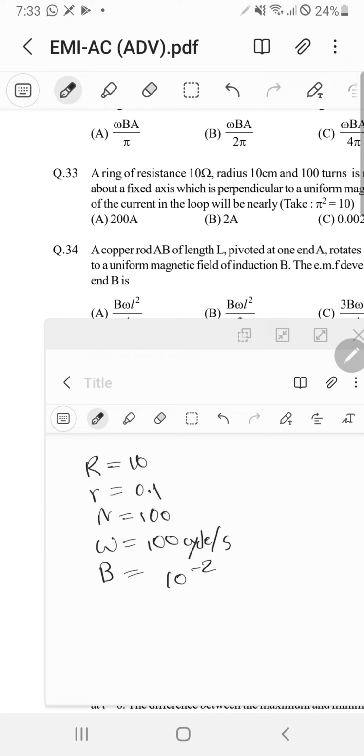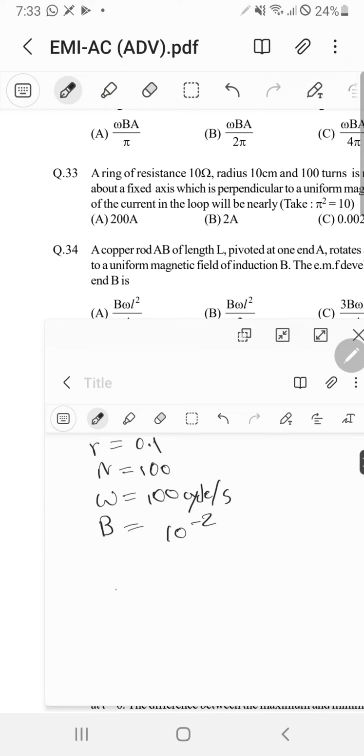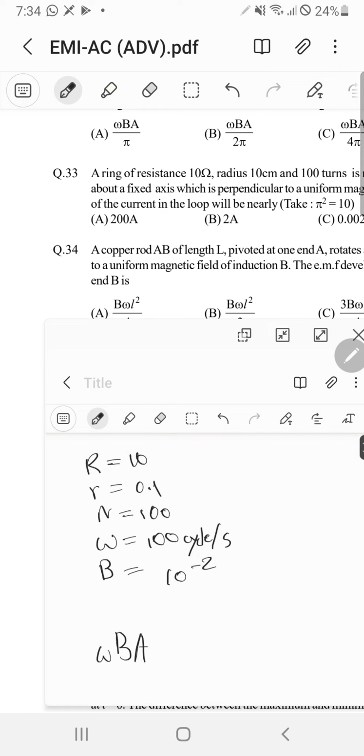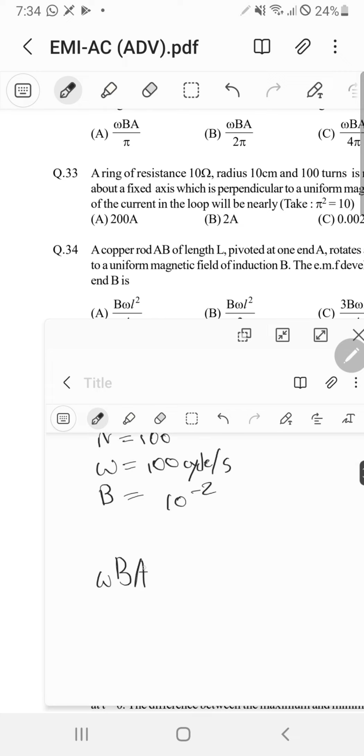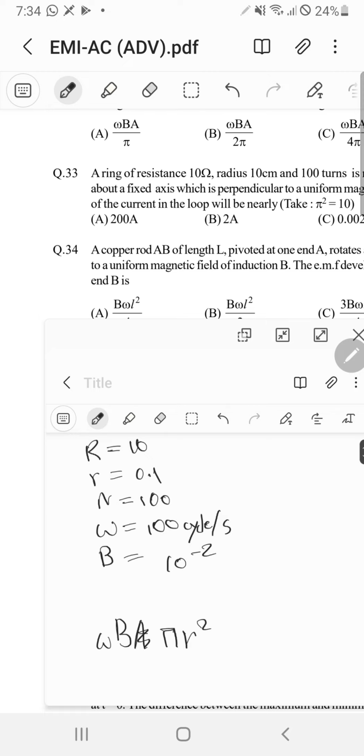nearly amplitude. Yeah, so that's like what, B times, so instead of the sine theta, all that stuff, omega BA, that's the amplitude. Yeah, cool. In this case, A is like what, pi r squared, right? Okay, cool.